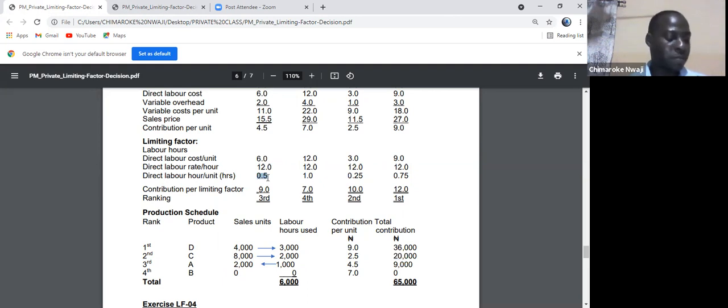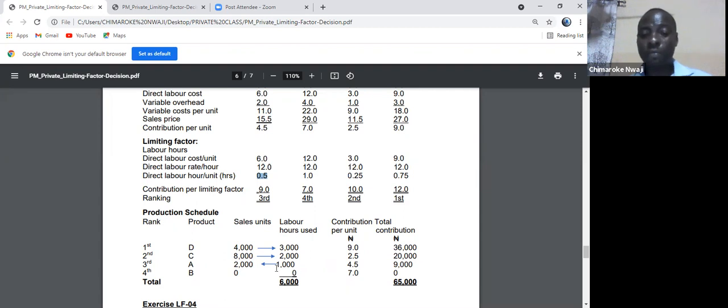So 4,000 multiplied by 0.5 will give you 2,000. But alas, we've used 3,000 for D, 2,000 for C. What is left is 1,000. So we cannot satisfy all of A, which requires 2,000. So we'll make do with the remaining 1,000 to make A.